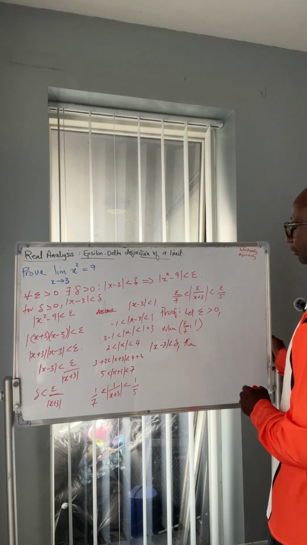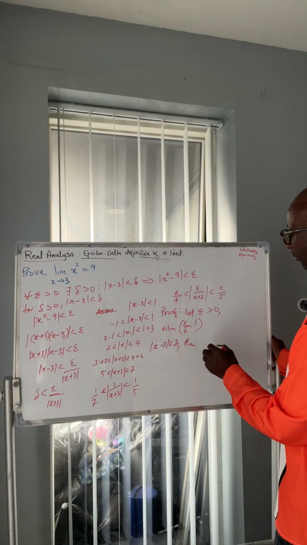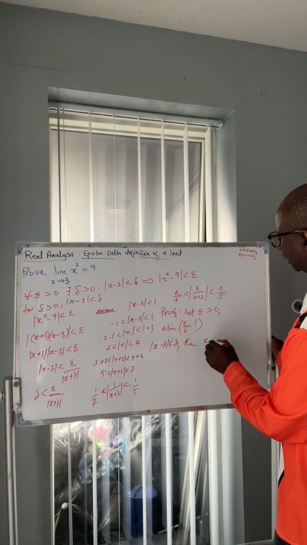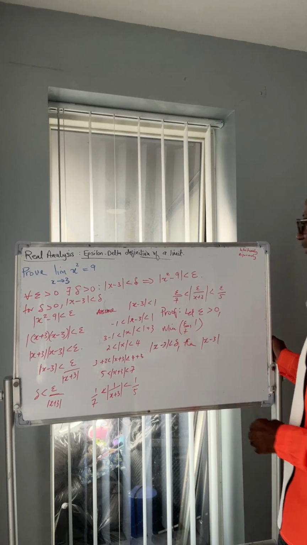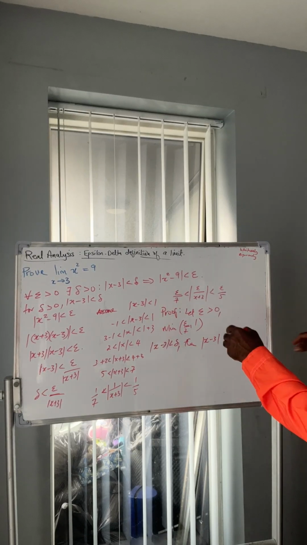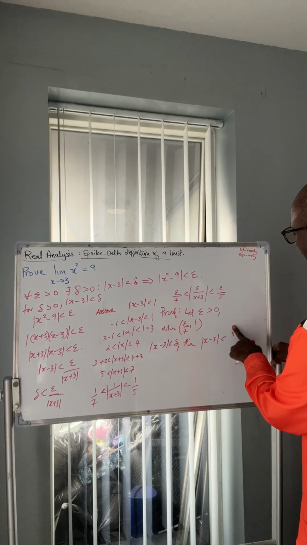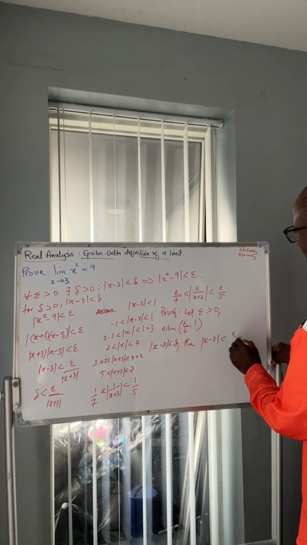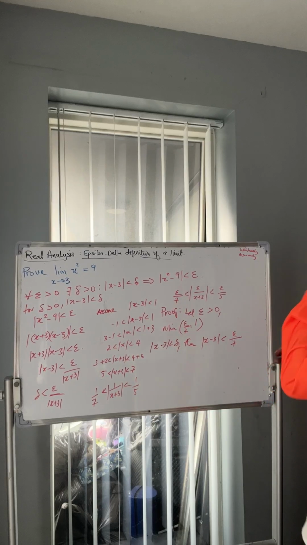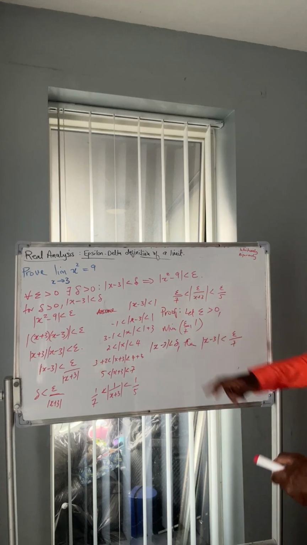Then, x minus 3, we are taking it from there, is less than now epsilon all over 7. We are taking the minimum of the two.